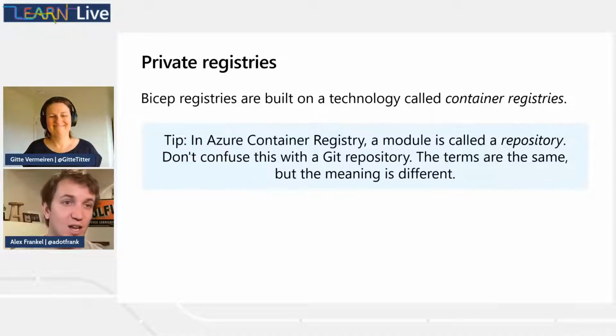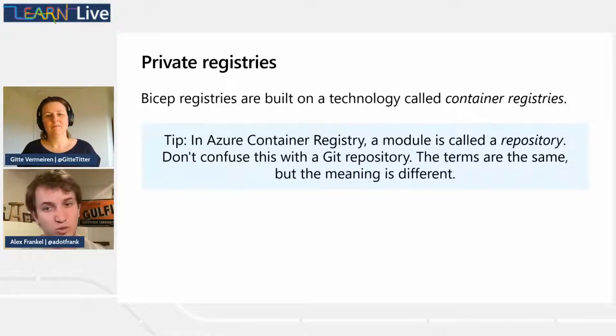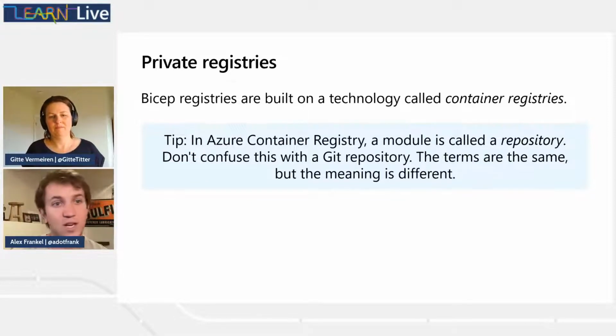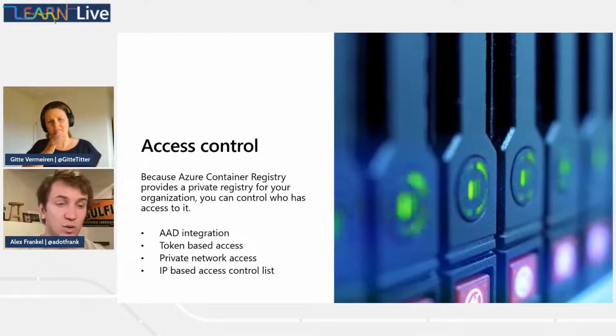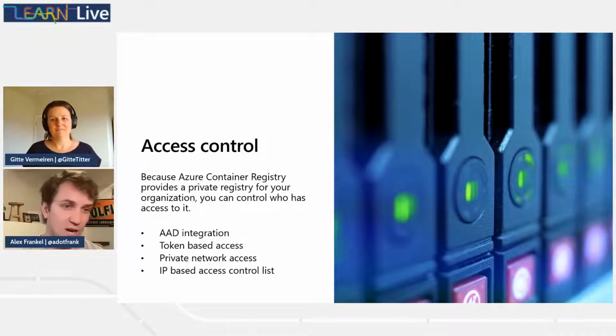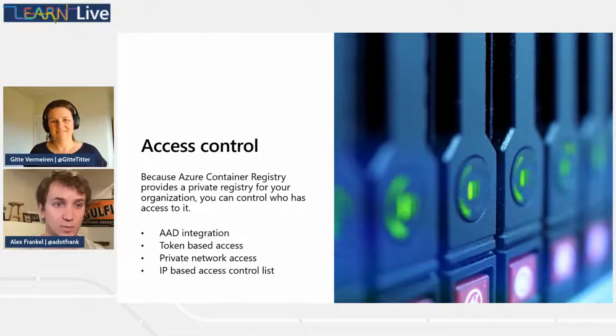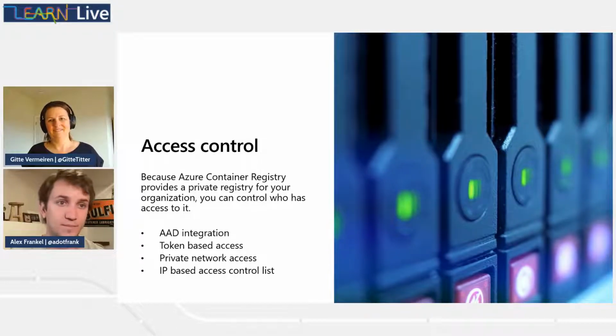But two, we're building on an ecosystem that's really mature and really established, relatively speaking, of course. Container registries have to deal with all sorts of complexities like networking, private link, access control, air gapped. You name it, there's all sorts of complexities that container images have to deal with. So building on top of container registries just means we get a lot of safety and maturity built in off the bat.